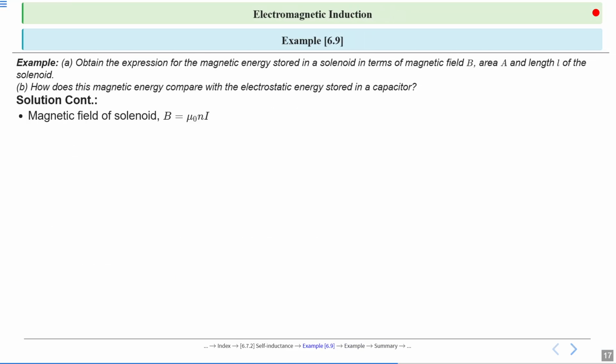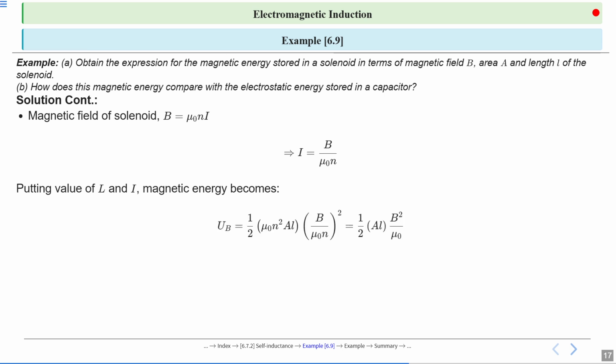So the magnetic field of the solenoid is B equal to mu naught Ni. So from here we can calculate I is equal to B upon mu naught N. Now put the values of L and I in the equation of magnetic potential energy. So UB will be equal to half Li square.